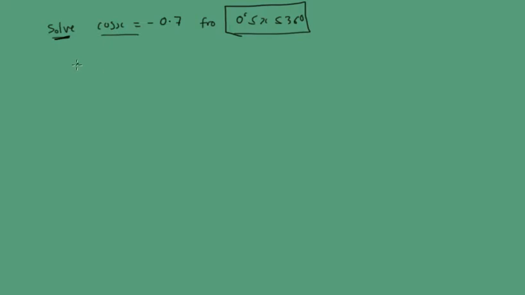So if we were to put this into our calculator, cosine x is minus 0.7, we find the inverse cosine and we get 134.4 degrees. Now I'm just going to draw a wee sketch.